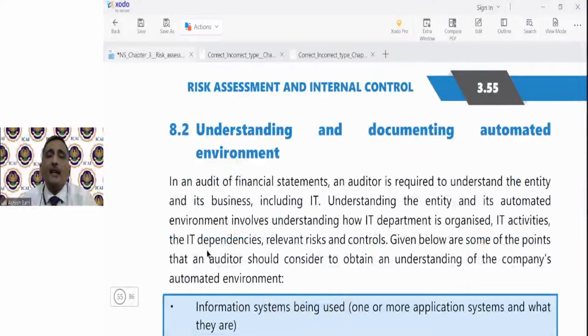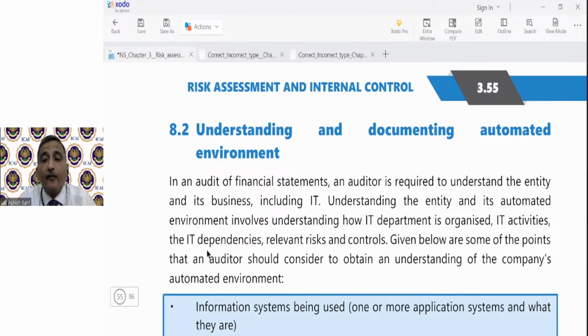So obviously, before doing the audit and while conducting the audit also, the auditor has to understand the IT system. It is part of understanding the company, I would say, because unless you know on which kind of system the company is operating, you will not be able to do justice to the audit.